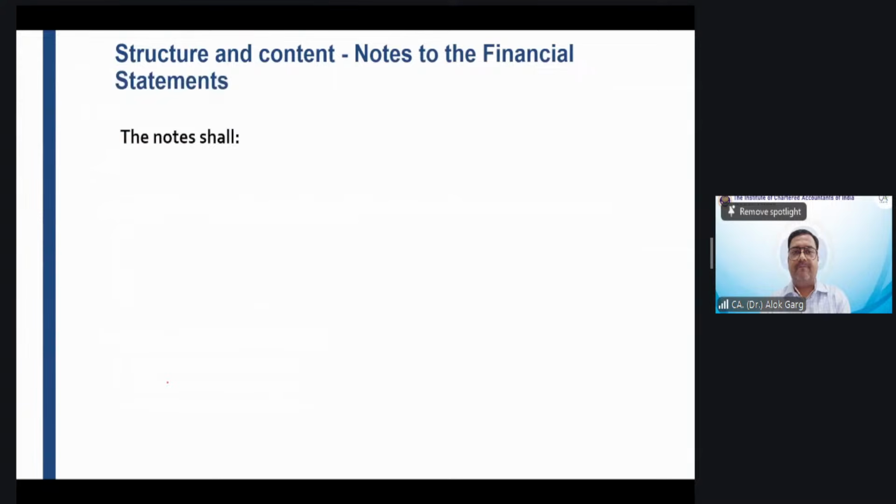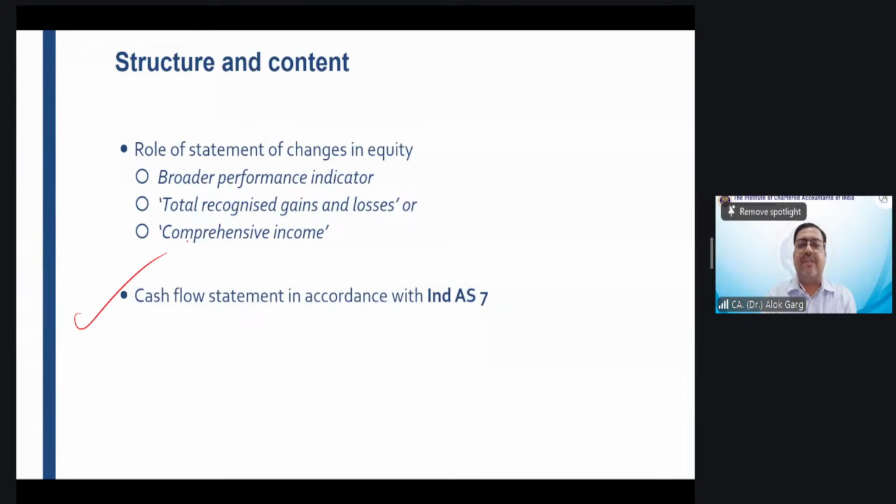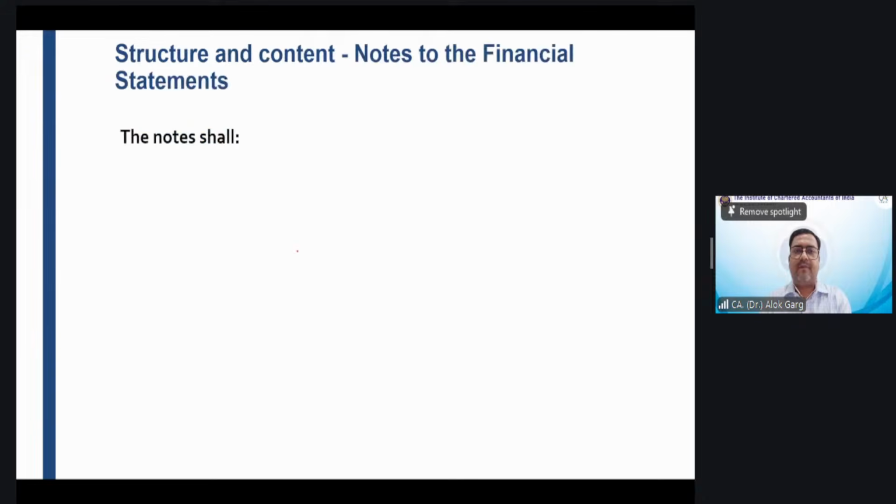Okay. Now coming to the notes. Talking about the cash flow statement, it has to be prepared in accordance with Ind AS 7. Talking about the notes, friends, this is a very meticulous, very structured standard, right?